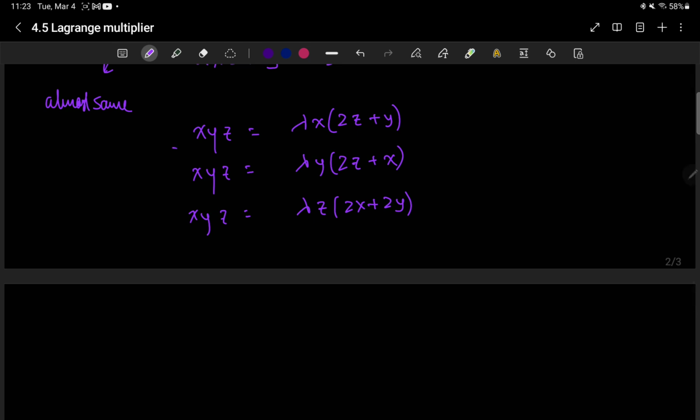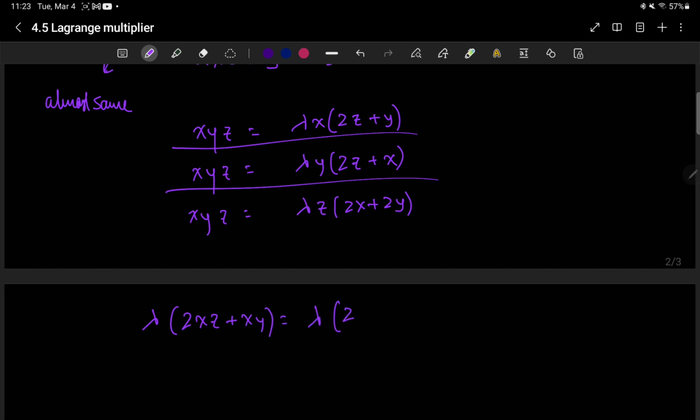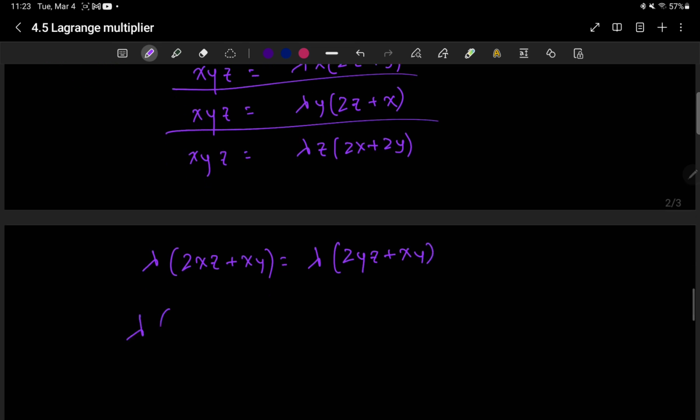So what if I take these first two? So I have lambda times 2xz plus xy equals lambda times 2yz plus xy. So factoring out lambda, I have 2xz plus xy minus 2yz minus xy equals 0.